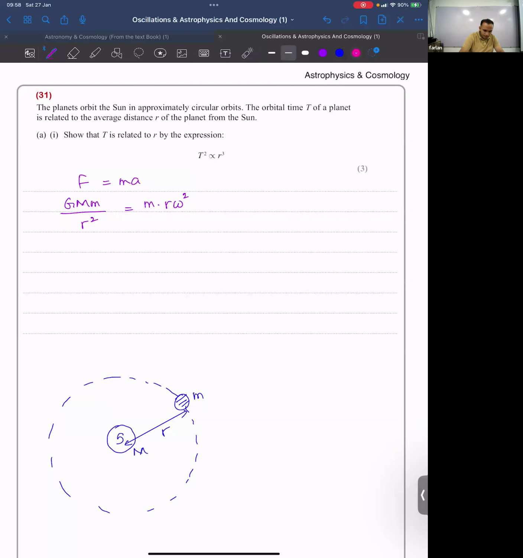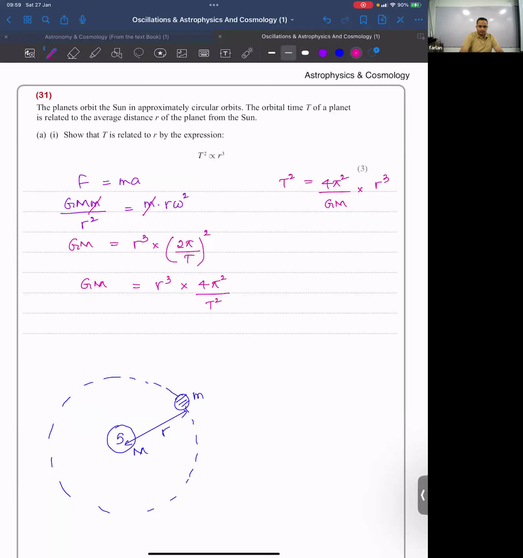So the simple m, the mass of the planet, will cancel off. So that's going to be GM equals r into r square, which is r cubed, omega square, where omega is 2 pi over T, and that squared. That is GM equals r cubed into 4 pi square over T square. So if I cross multiply and make T square the subject, T square equals 4 pi square over G M into r cube.